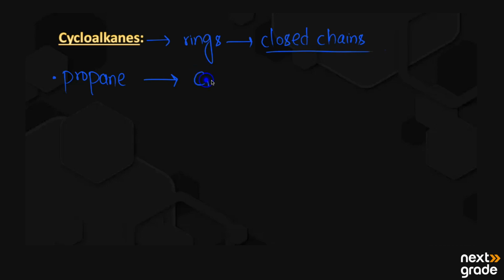Its general formula is CnH2n+2, where n is equal to 3. Putting in n, we get C3H(2×3+2). Two threes are 6, plus 2, so we get C3H8. This is simple propane.